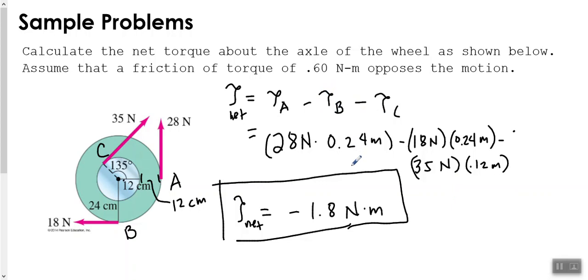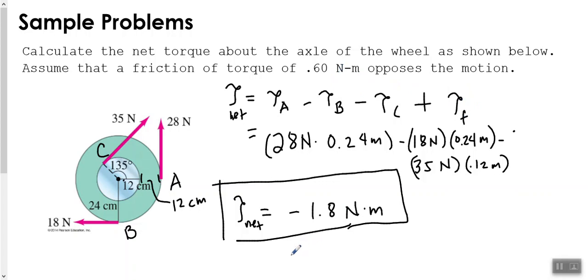So what are we going to do? It's opposing motion, therefore we will do the same process, plug in the same stuff, but we are going to add the friction torque, which is 0.6 Newton meter.